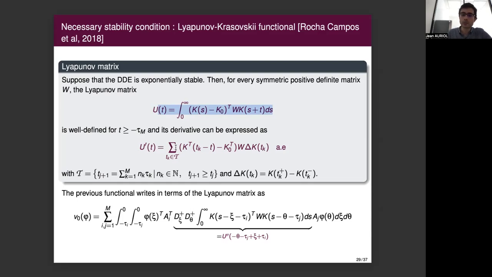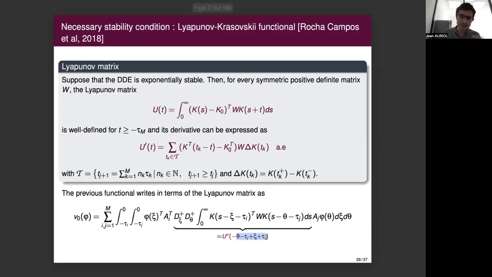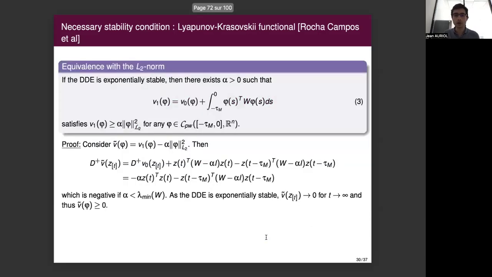Then you have U prime, which we write like that, and all in all, you can rewrite this term here as the second derivative of U. At this point, this V0 is not equivalent to the L2 norm, so it cannot be used as your Lyapunov functional.